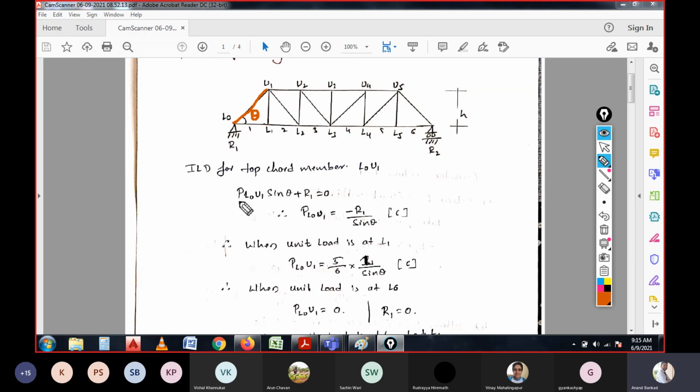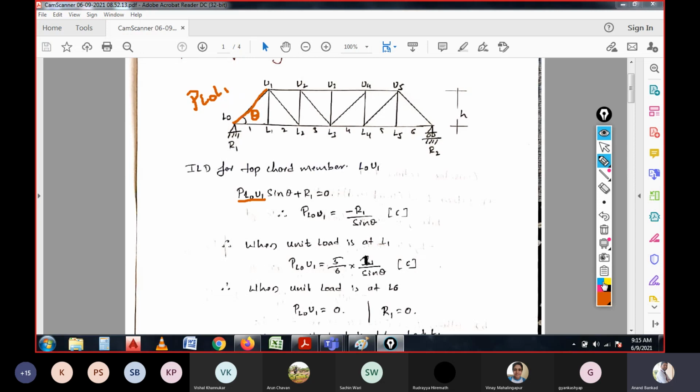So now here, P L0 L1. P refers to force, or F we can say, or P we can say, any one of the notations we can refer. P L0 L1 has the inclination with theta.